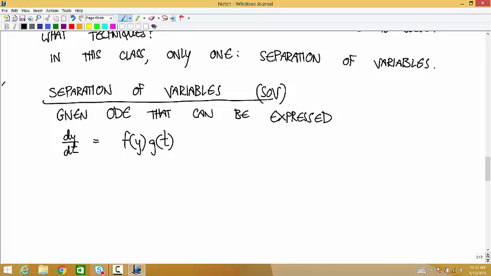Okay, so first let's think about this thing. First, is that ordinary or partial? And how do you know? That's ordinary because we have a total derivative and only a derivative with respect to time, so that's an ODE.